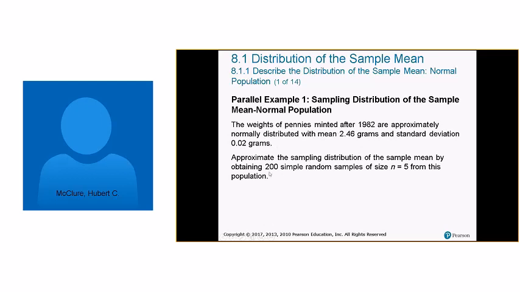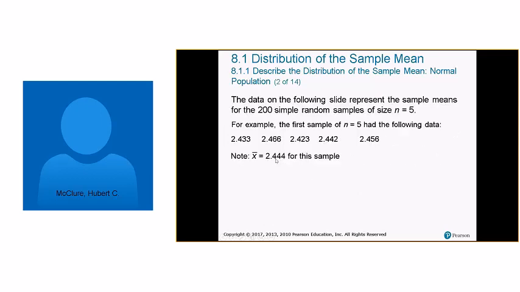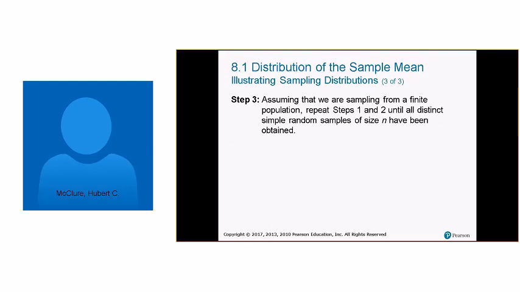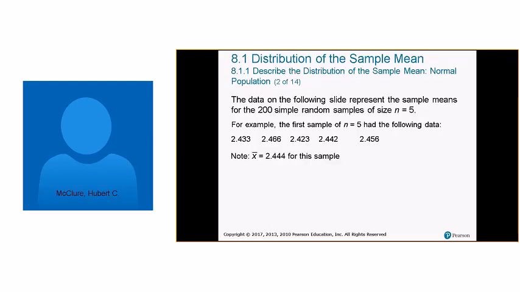And then you go into 200 pennies and you pick 5 and you look at the mean for those 5. There's 2.44 and the population mean is 2.46. So you see that the 2.44 is comparing to the 2.46.